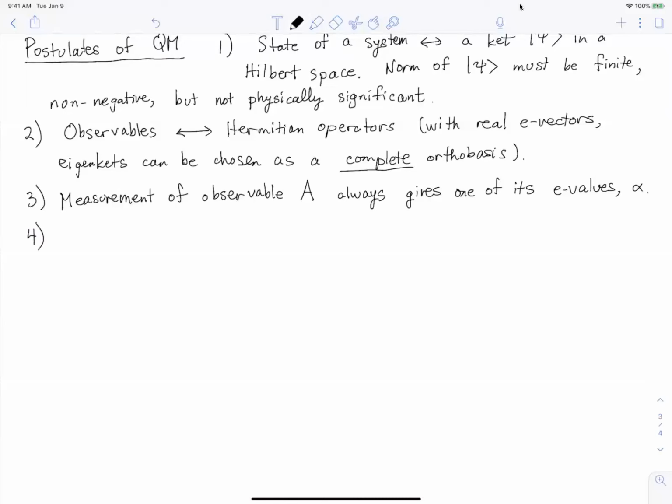Okay, postulate 4 says, if you do choose to measure A, or somebody else chooses to do it, so if A is measured, what's the probability of getting a particular result?